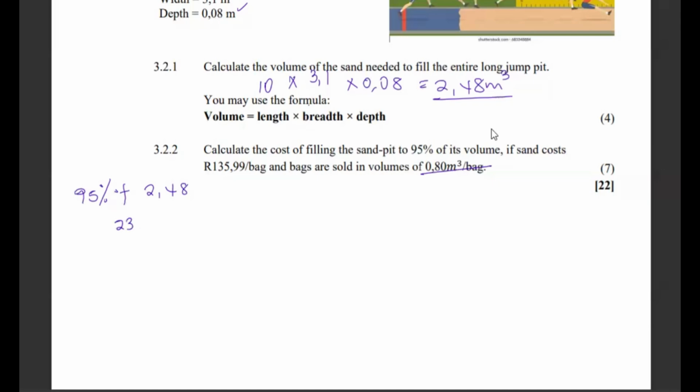We have 23, sorry. We have 2.356 meters, right? So we divide by 0.8 to find out how many bags we need.